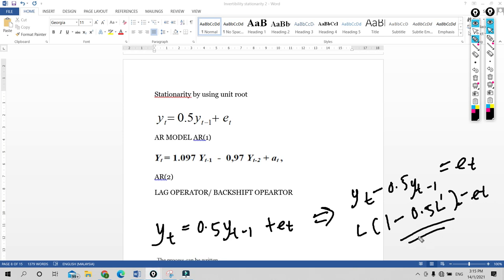We just solve this part because this is known as the lag operator.